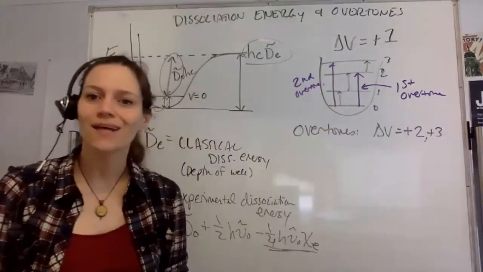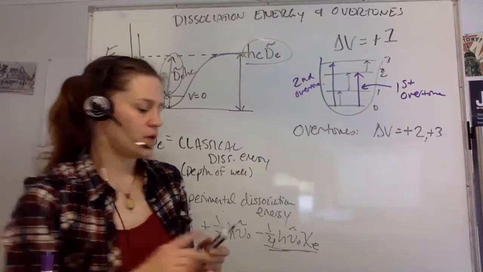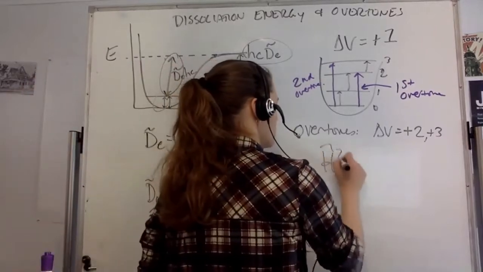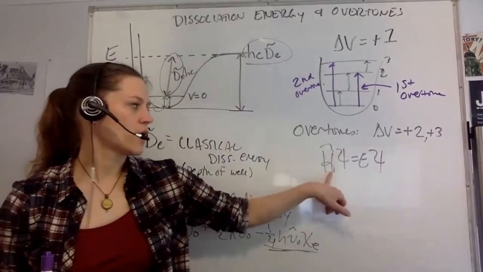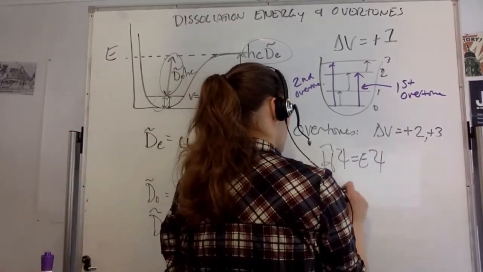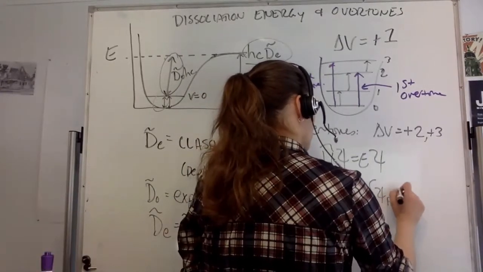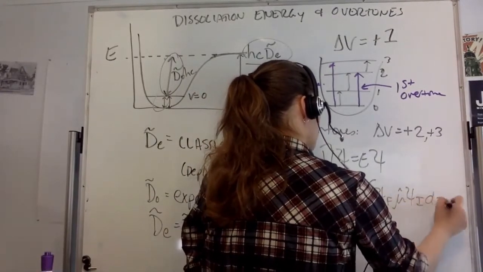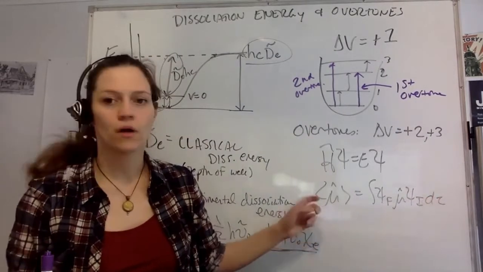If you have a really anharmonic system, you actually have enough of a variation when your Hamiltonian operates on your wave function. Don't forget, when this equals 0, this is the transition dipole moment operator expectation value.